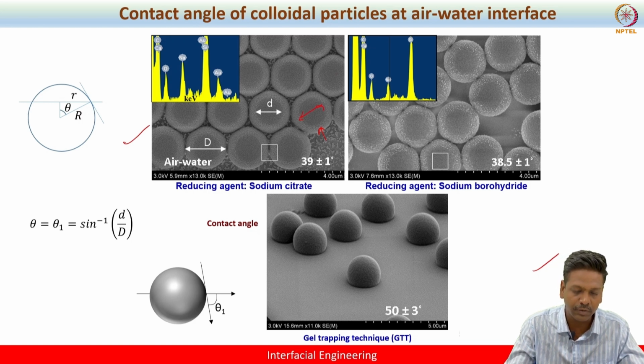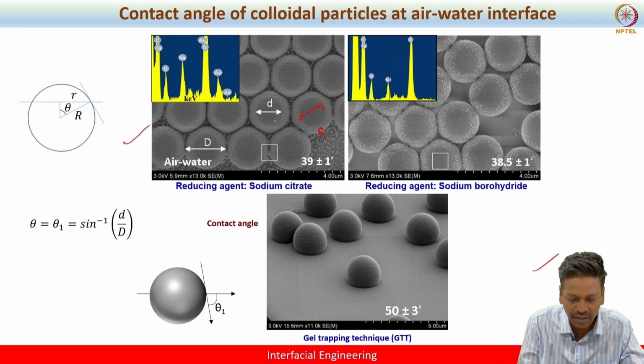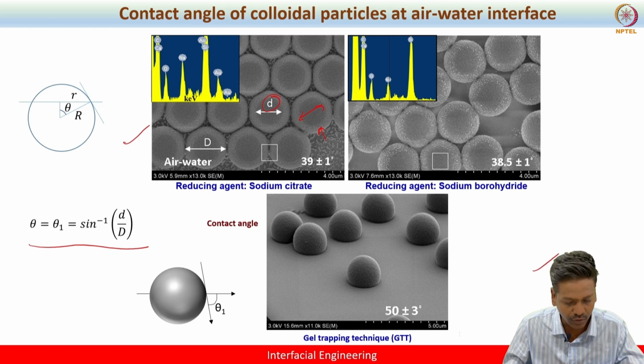Because this part is exposed to the air side, you will not expect any sort of deposition on the air side. So by measuring the two-dimensional projection of this uncoated region, which is small d in this case, and the diameter of the particle, one can deduce this information using a simple geometric rule.